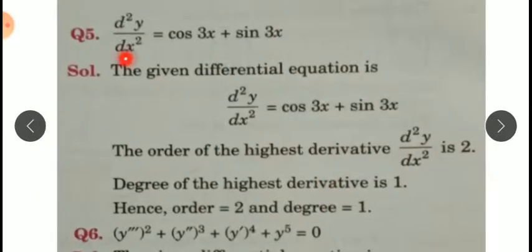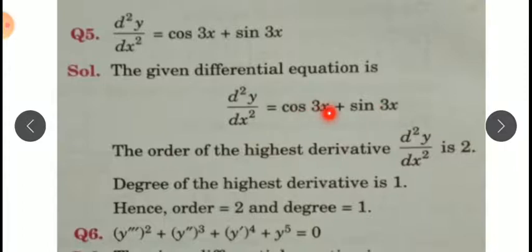See, d2y by dx2 is equal to cos 3x plus sin 3x. Here d2y by dx2, understood, its order is 2, and what is its whole power? Whole power is 1, means degree is 1. Order 2, degree 1. See, this is polynomial because this is cos 3x plus sin 3x.